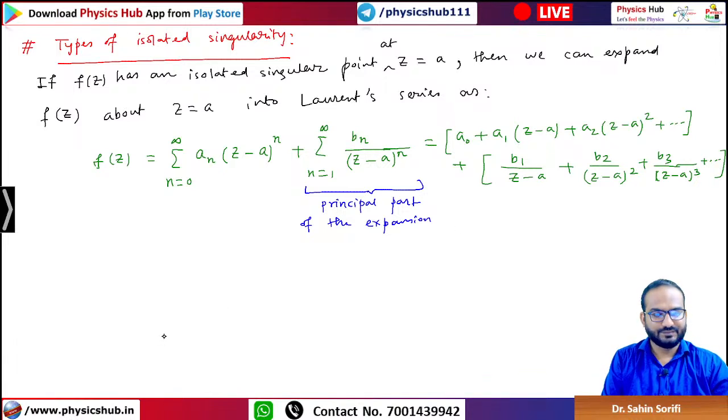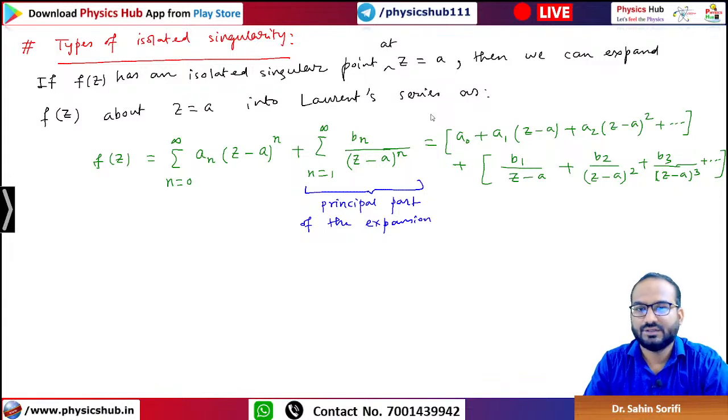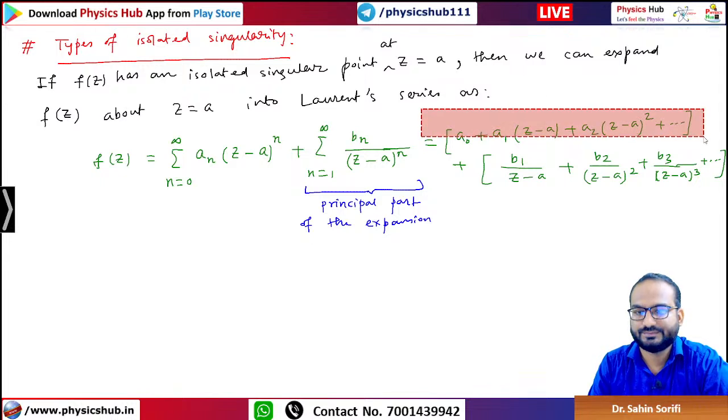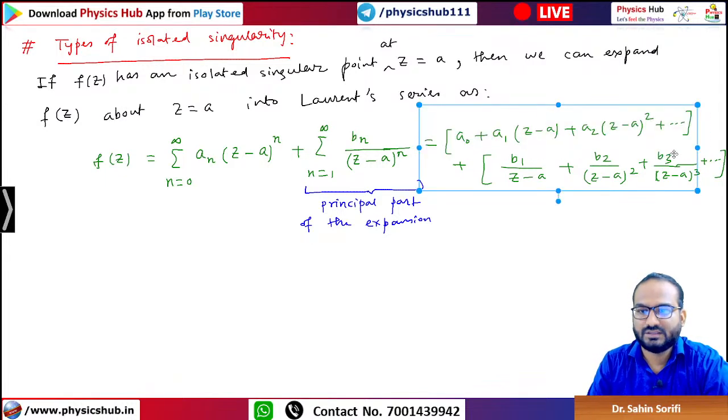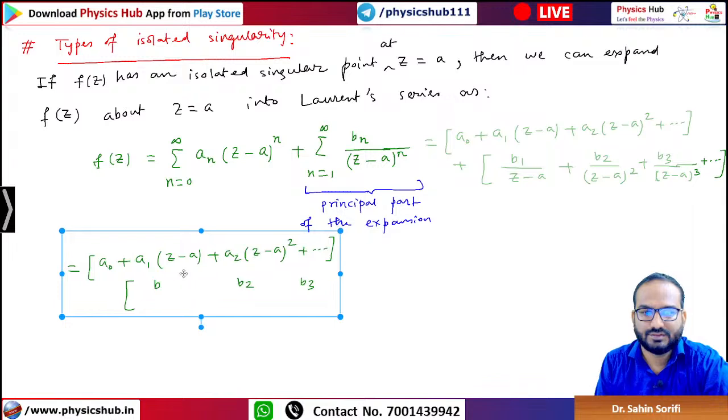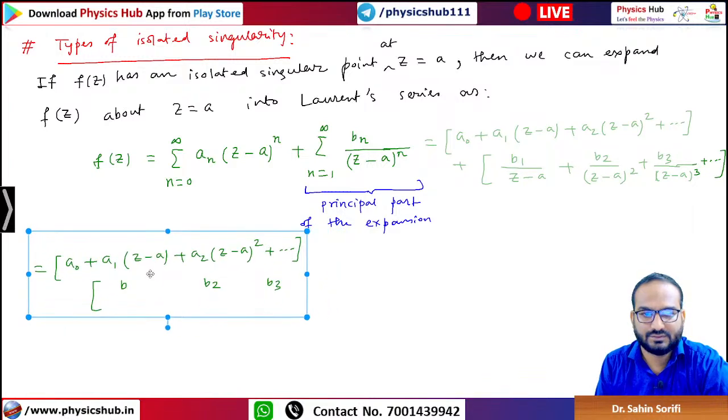No issue in this. So based on this, how many terms survive, how many terms vanish, based on this we define these three types of isolated singularity. Let's write it here so that it becomes clear to you.